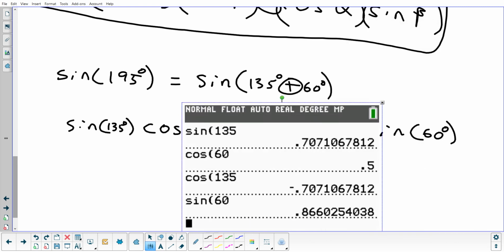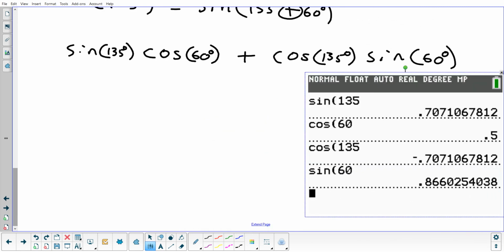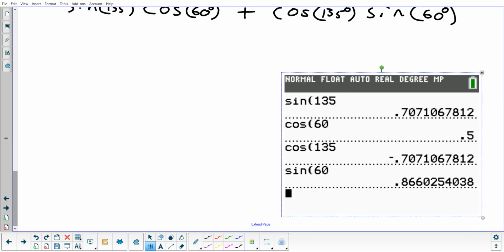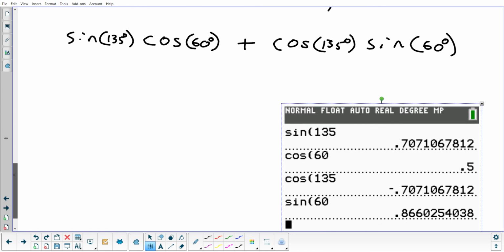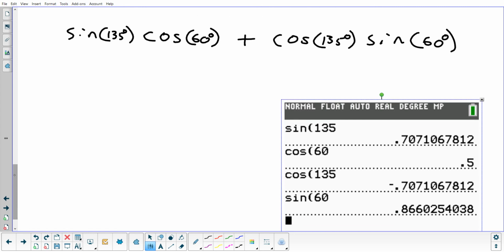All right, let's convert all those to the fractions. All right, let's start with sine 135. What's that one? Jeff? Square root of 2. Yep. Square root of 2 over 2. How about cosine of 60?